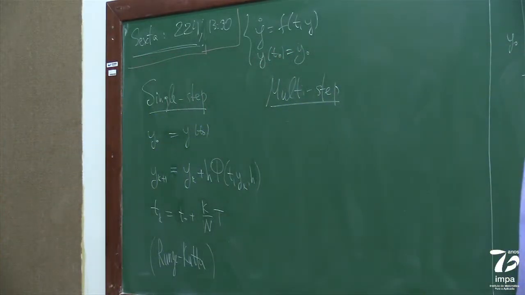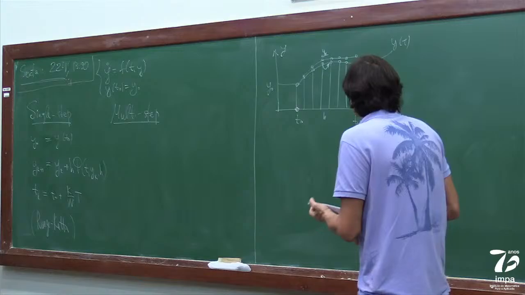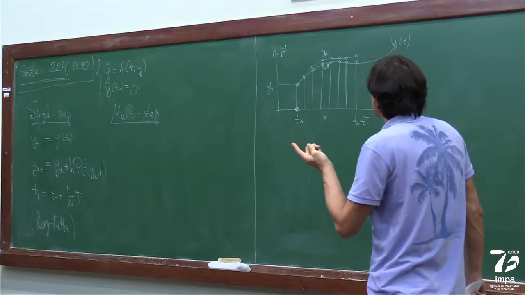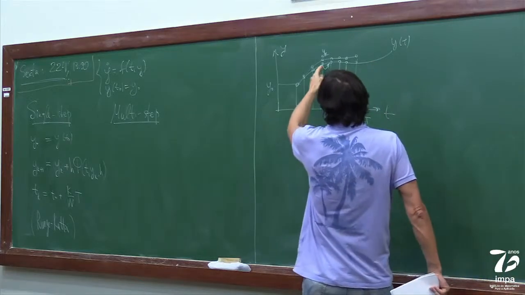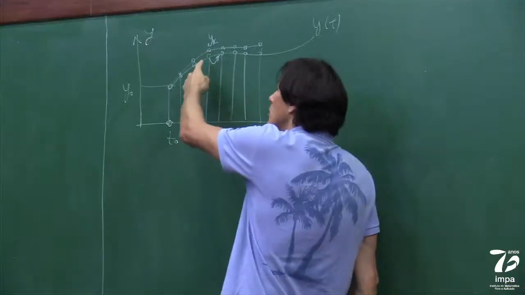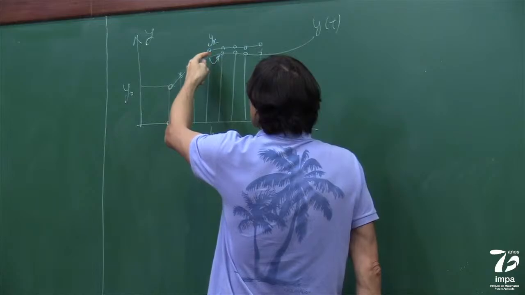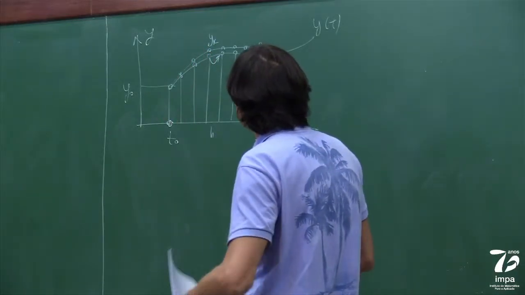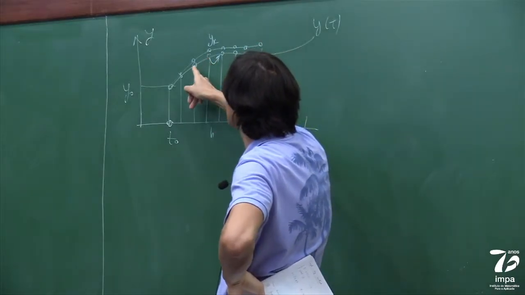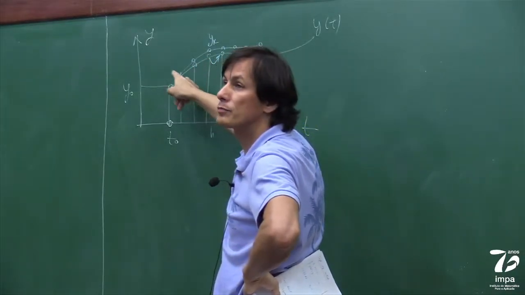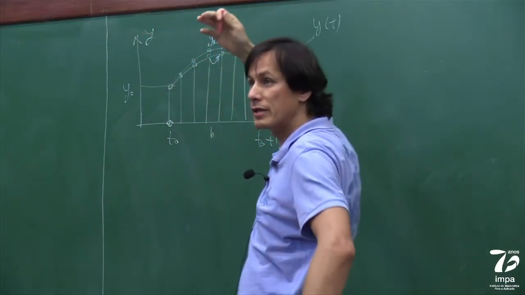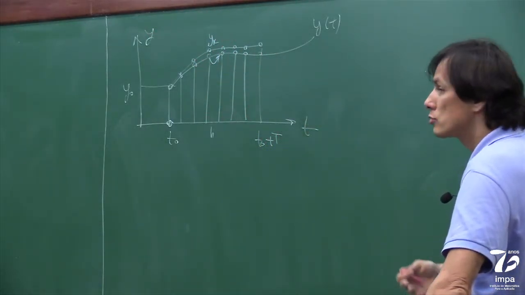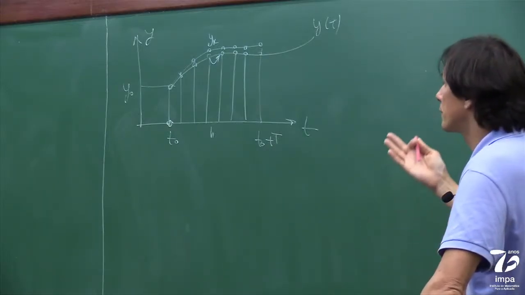Multi-step is a different method, and essentially the philosophy is that in a single step you only use the previous position. But this is a very small amount of information, because you already have the second position back, third position, fourth position. Those positions back in time also bring information about the function.